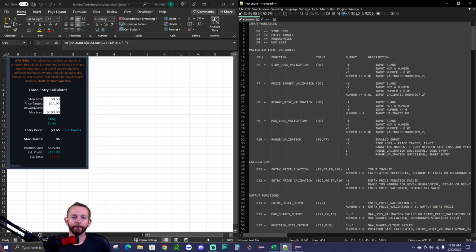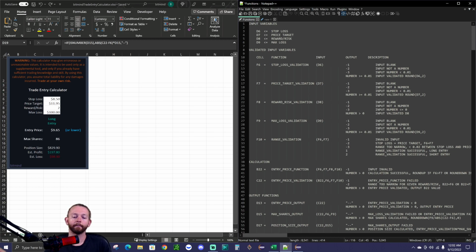type in your orders, your entry price, your stop price, your target price. That's historically what I would do before I made this calculator. Rather than work out the math every time, it was easier to type in my orders, and my broker would show what the loss and what the profit would be.